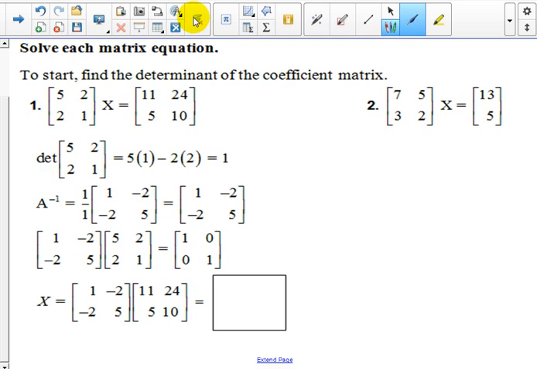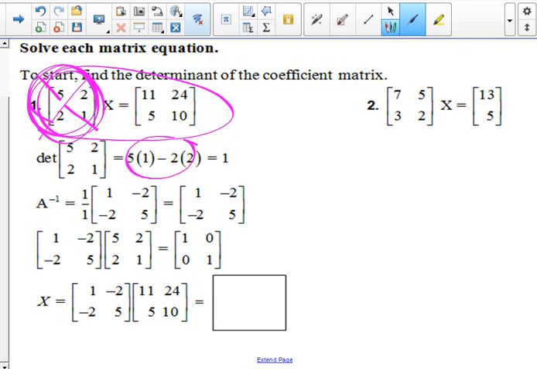Okay, but let's look at how they take us through here and give us the steps. So it starts off with our equation. Next, we have to get the determinant of this matrix, right? So we can get its inverse. We need the determinant to figure the inverse. So the determinant is going to be 5 times 1 minus 2 times 2, which is equal to 1. So the determinant is 1. That means we can go ahead and move forward. It's not 0. If it was 0, we'd have to stop and say this is impossible.